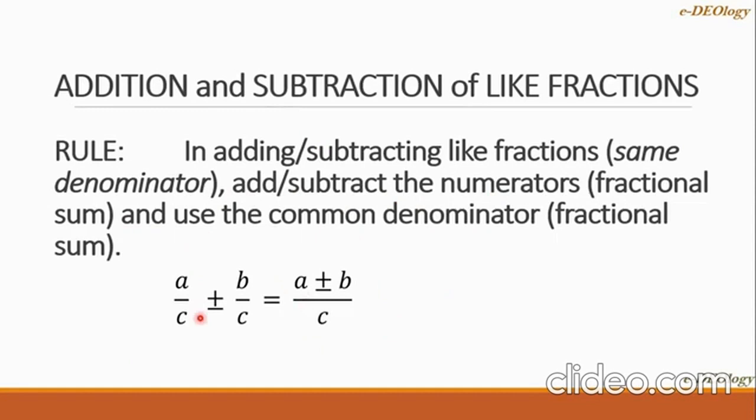We have a model here, a over c plus or minus b over c. This is equal to, we add or subtract the numerators, so this is a plus or minus b all over c.